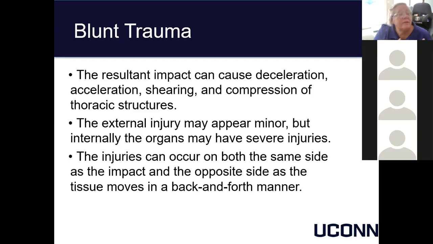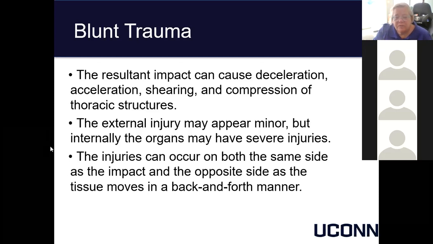Externally, some of these injuries look relatively minor. Somebody may come in with really significant hematomas related to the seat restraints or whatever they hit, but you have to be concerned about internal organ damage as well.